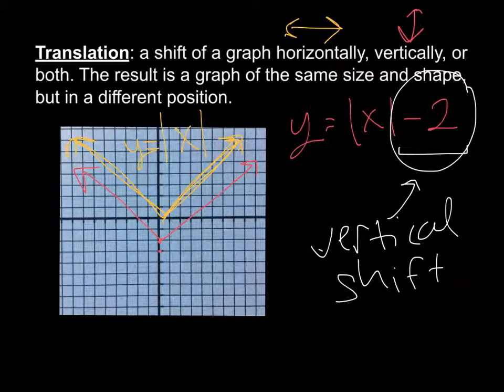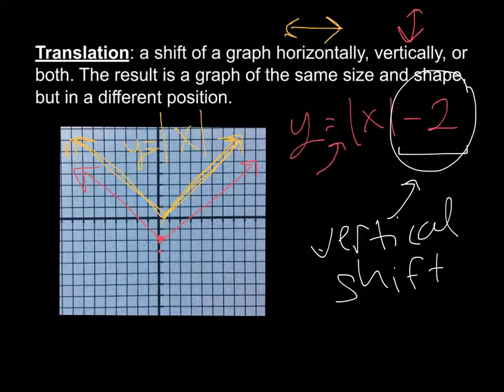When I say it, I'm talking about the vertex of the graph. It shifts down 2 on the y-axis. Nothing else changed. There was no negative sign outside of the absolute value, so I know that my graph is opening upwards, and that's it.